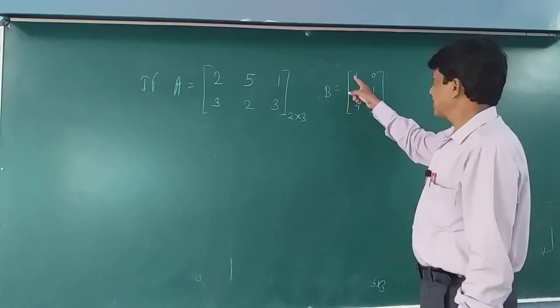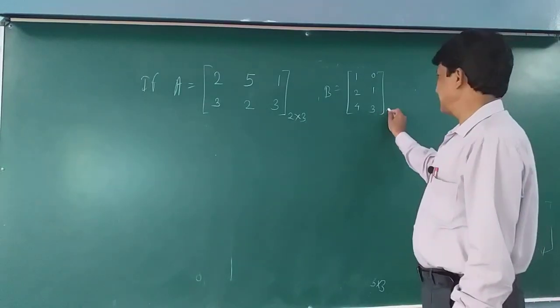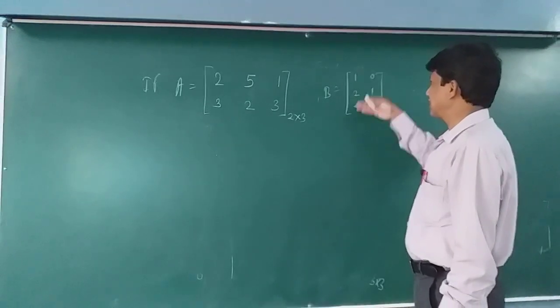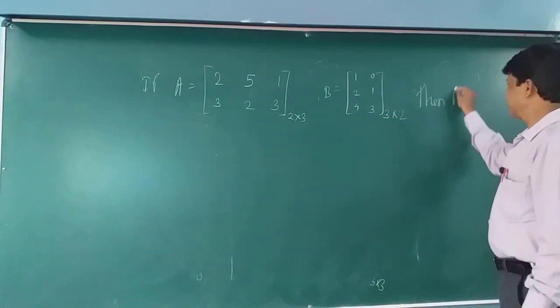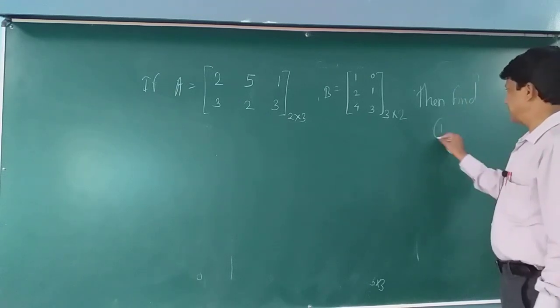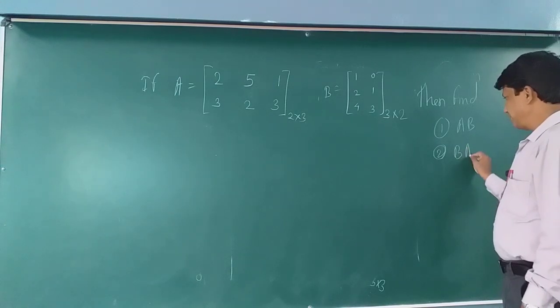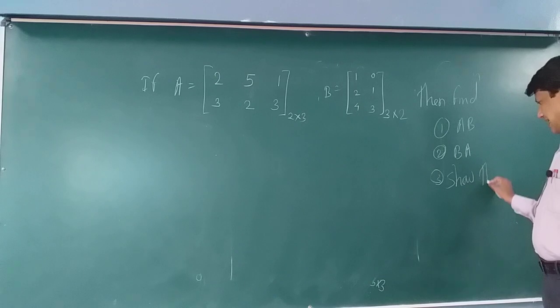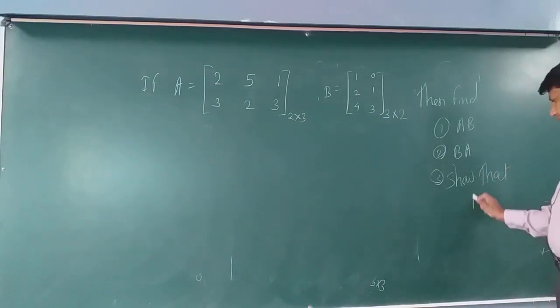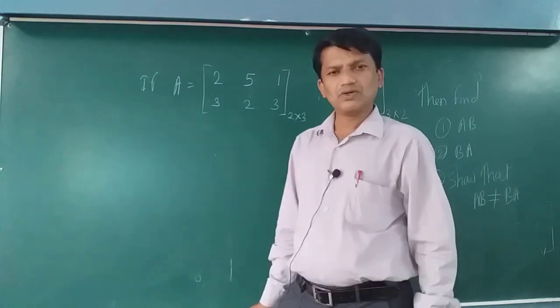Look here, row number 1, row number 2, row number 3. 3 rows and 2 columns. So then find number 1, AB; number 2, BA; number 3, show that AB is not equal to BA.